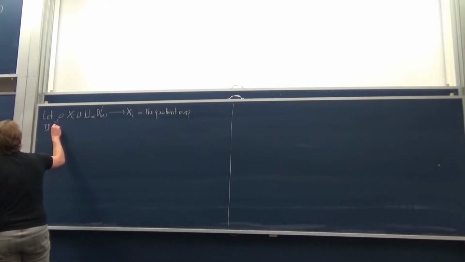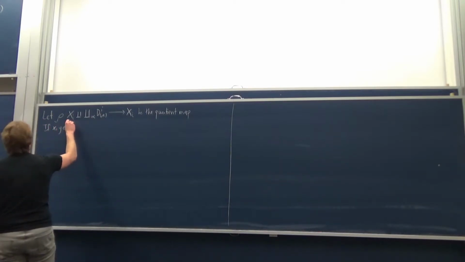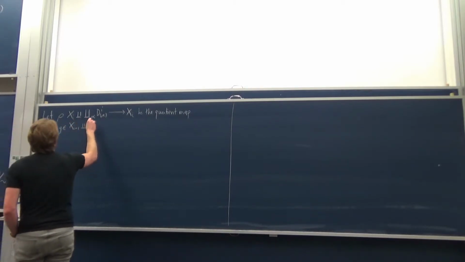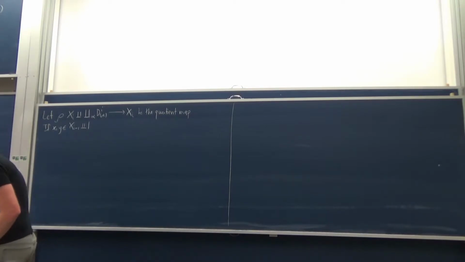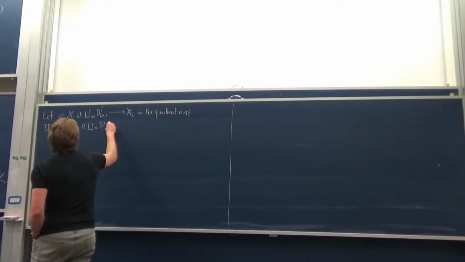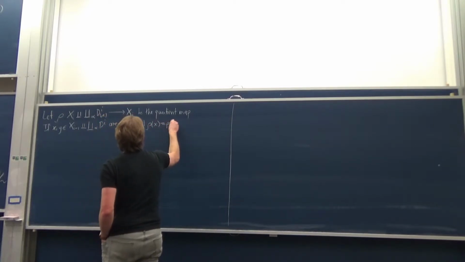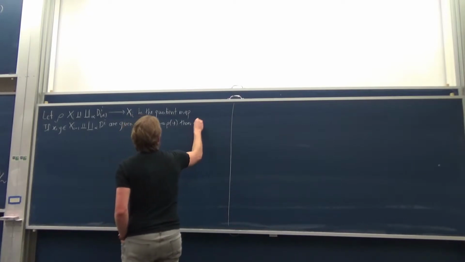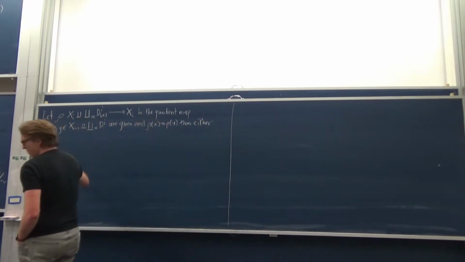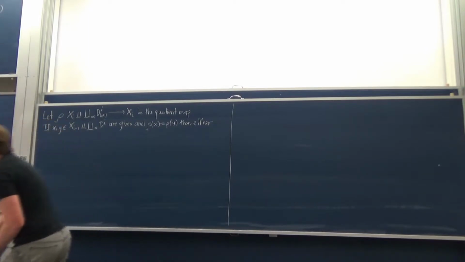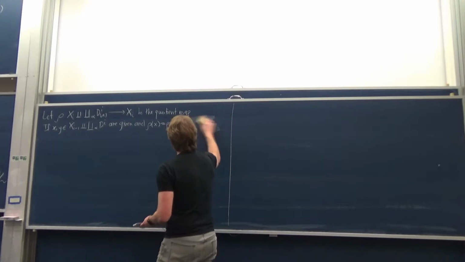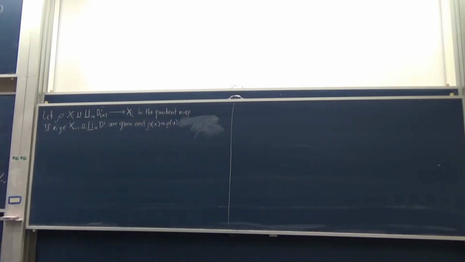If I take distinct x and y, and they're equal in the quotient, well then by definition the pair xy belongs to this equivalence relation.